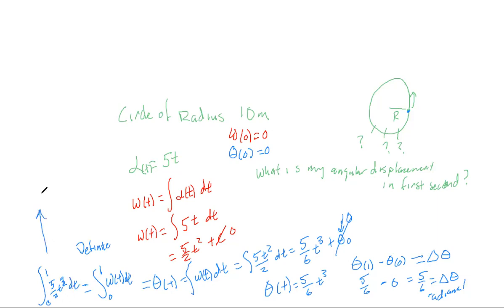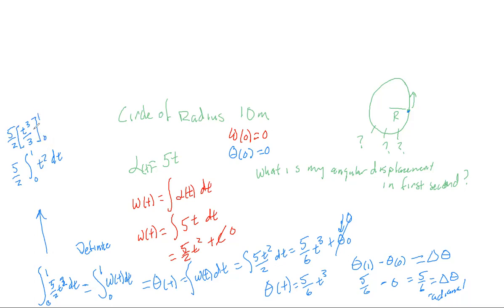And I'm going to draw up here because I have space. And this is equal to, just to be a little easy, we're going to pull out that front. We're going to say it's 5 halves times the integral of 0 to 1 of t squared dt. And this is equal to 5 halves of t cubed over 3, but evaluated from 0 to 1.